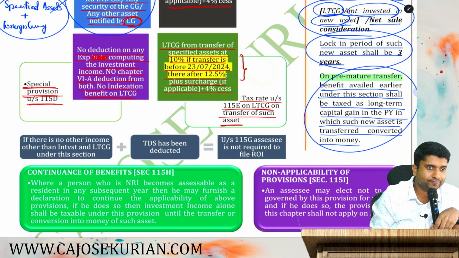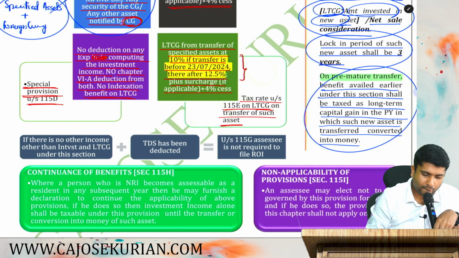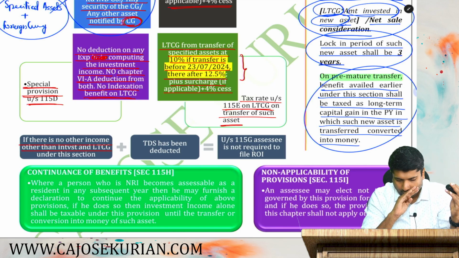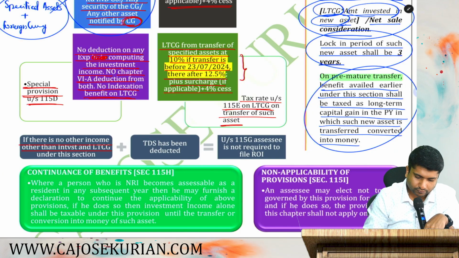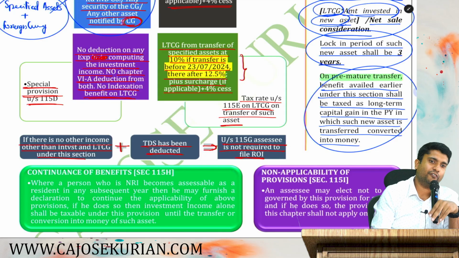Are you with me? Now friends, moving on with the next advantage, if there is no other income other than investment income and long-term capital gain under this section, plus TDS has been correctly deducted, then the assessees are not required to file return of income.